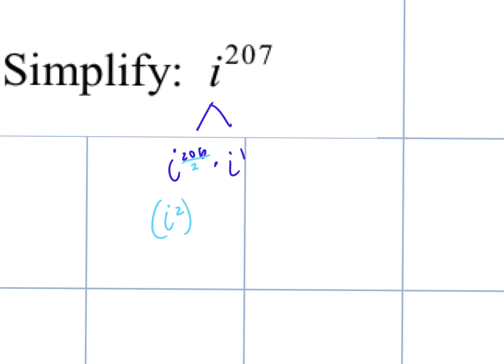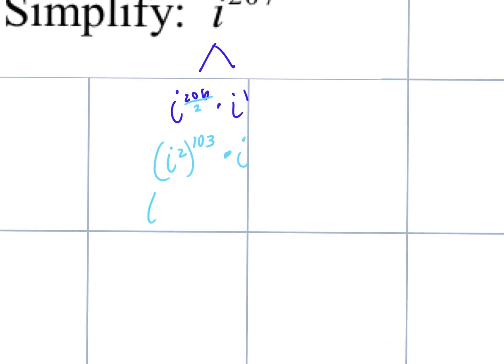So 2 goes into 206 103 times, right? 2 times 103 is 206. So I replace my i squared with negative 1 to the 103rd power times i. So negative 1 to the 103rd power, it's an odd power, so it's going to be negative 1 times i. So my answer is negative i.